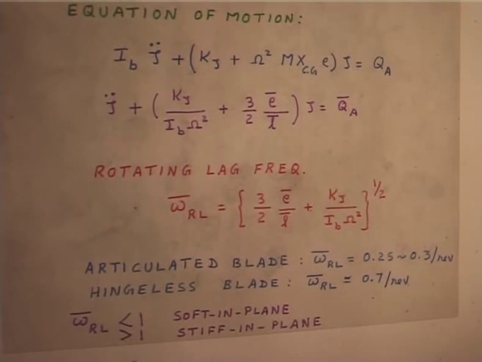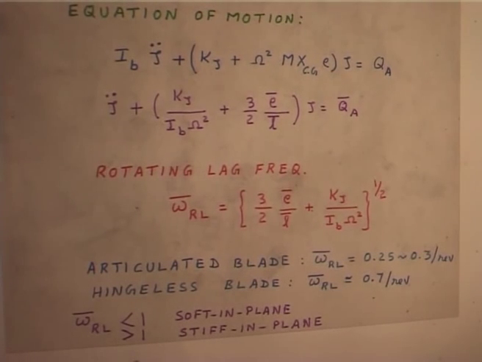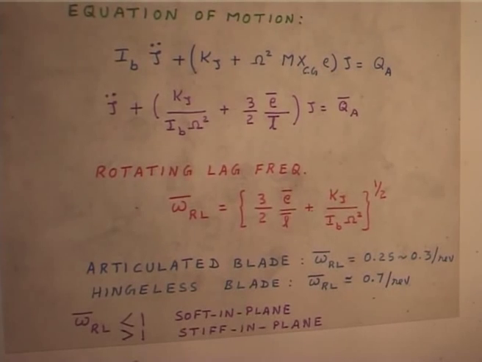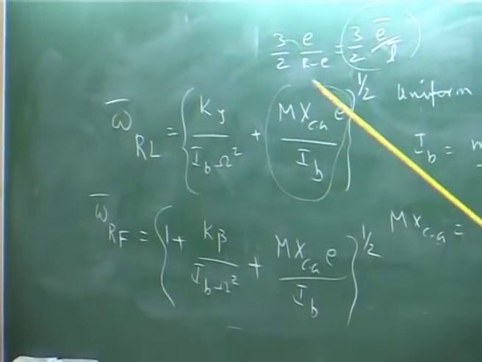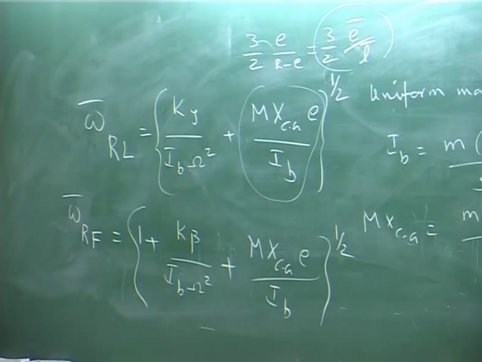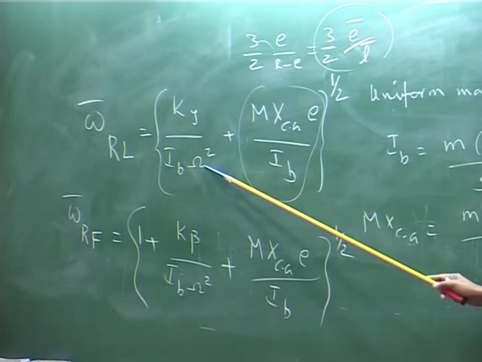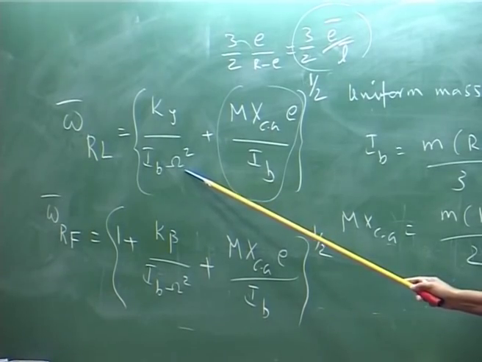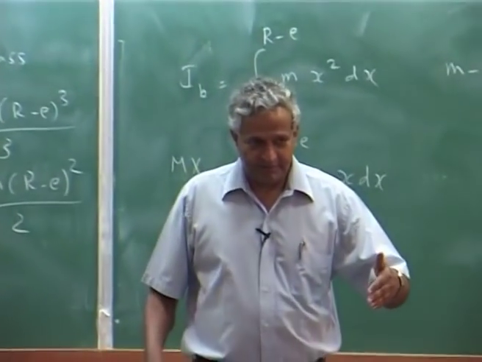Now, there is one more terminology. This is hingeless blade, I said 0.7, but can I have greater than 1? Yes, you can have greater than 1 provided you increase the stiffness, and another part is this omega, the rotor RPM.